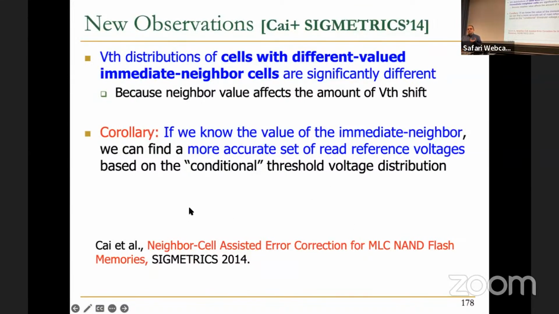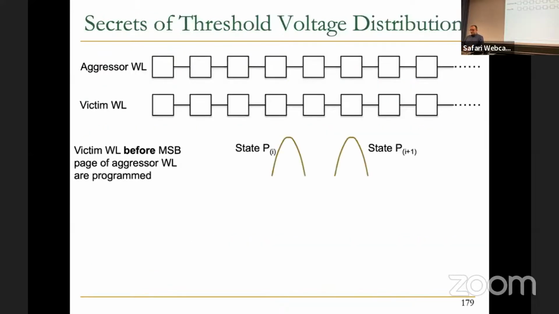Now, the distribution is conditional. You're saying that if my neighboring cell value is, for example, 1, 0, now my distribution is this. Then I can have a different distribution if my neighboring cell is, for example, 1, 1. So you can make all these distributions.